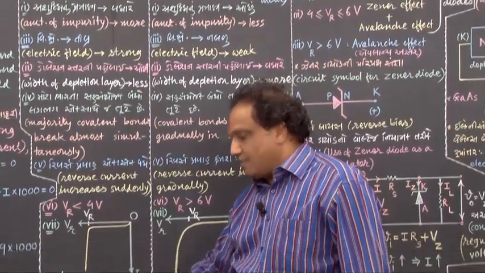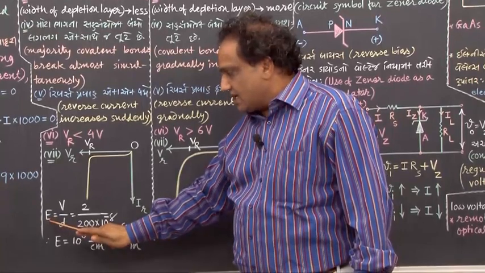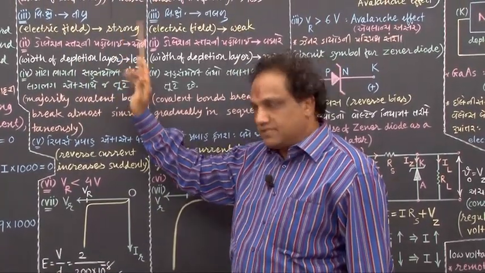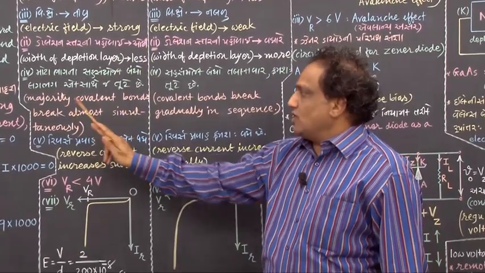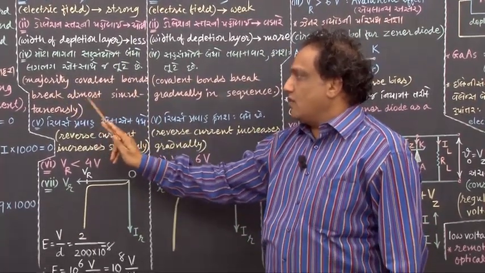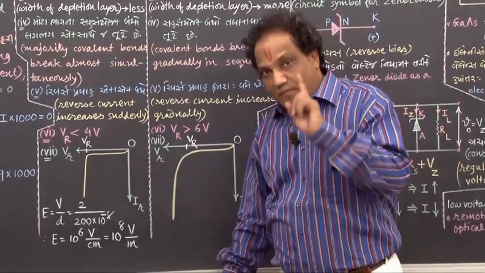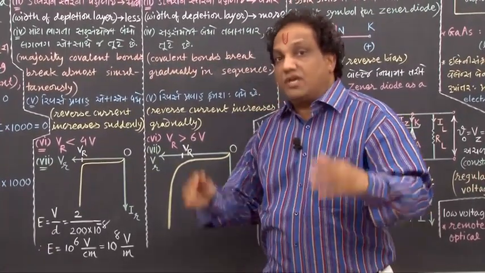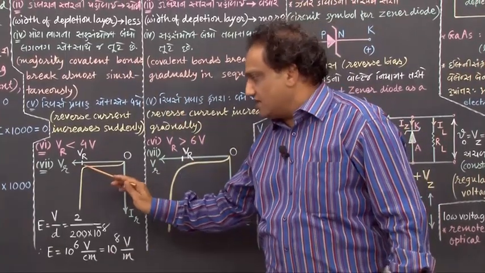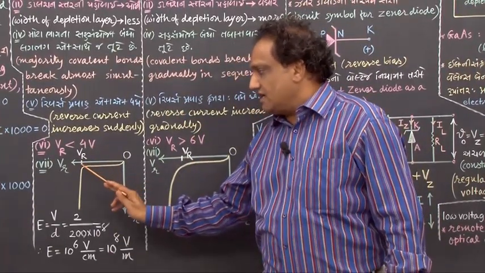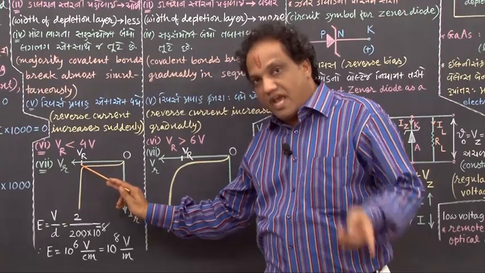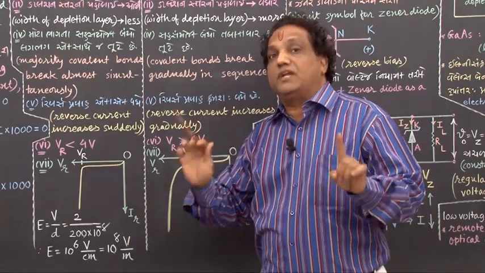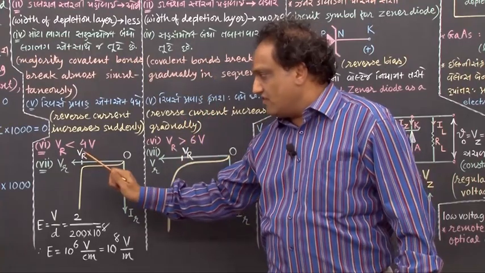Because the width of depletion layer is less, the electric field is very strong. And then majority of covalent bonds break almost simultaneously, giving you a sudden increase in the reverse current, and that minimum reverse voltage at which this breakdown occurs is known as reverse breakdown voltage, shown by symbol VR.